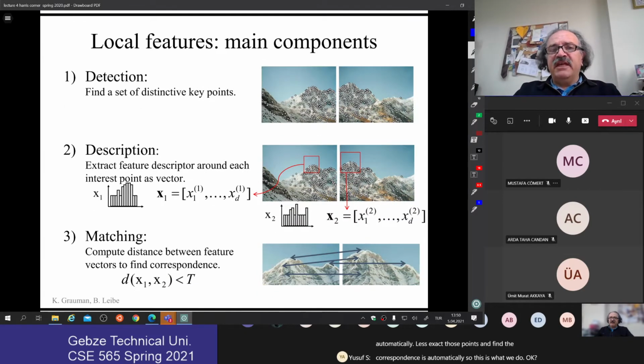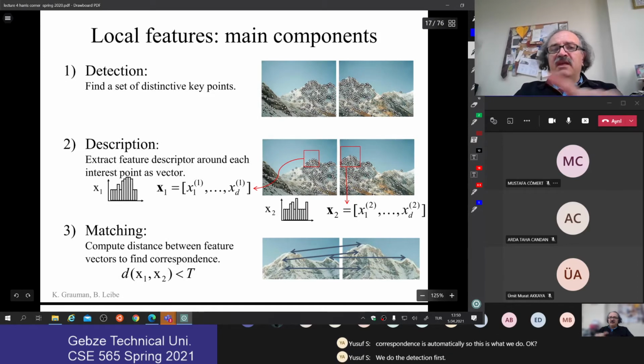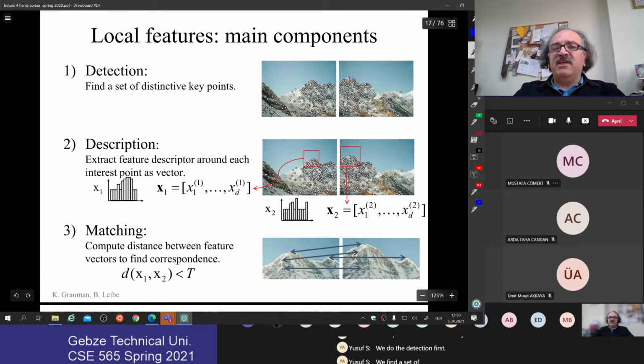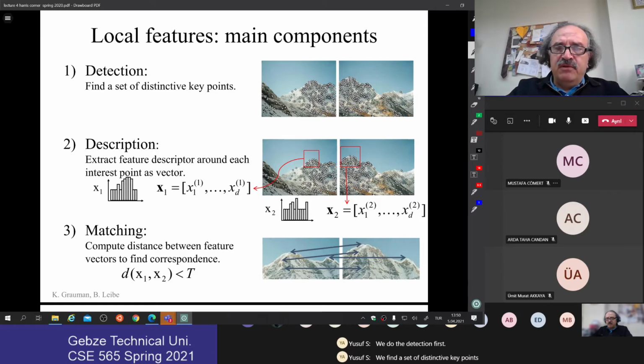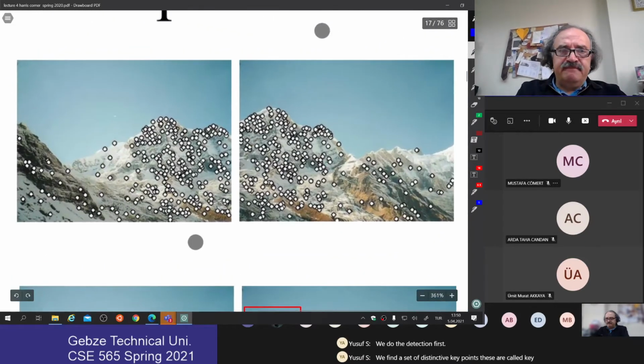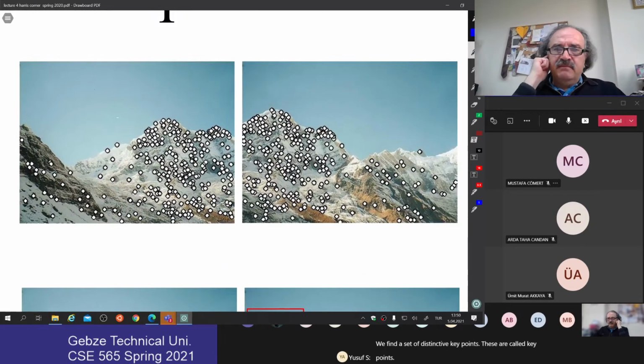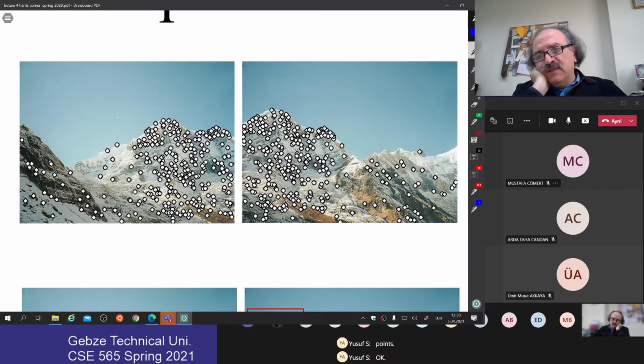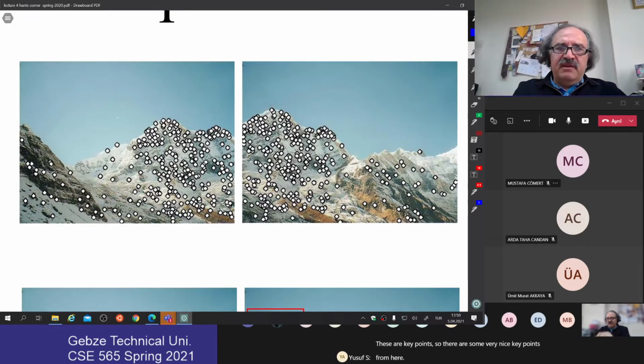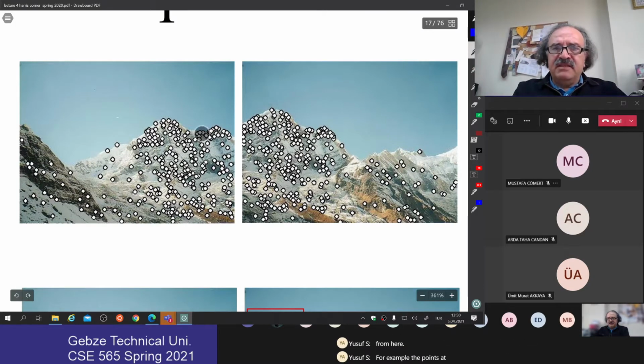We do the detection first. We find a set of distinctive key points. These are called key points. So there are some very nice key points found here. For example, the points around the peaks.